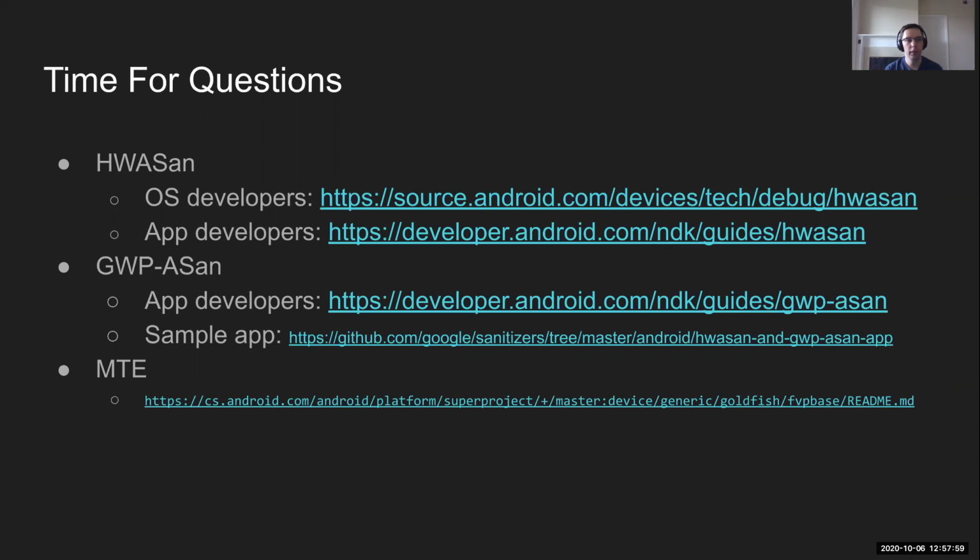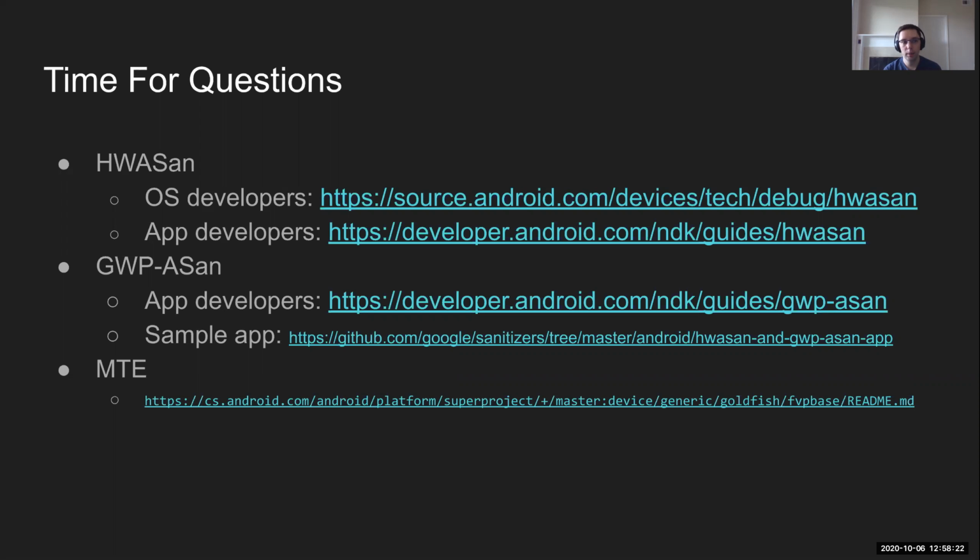Yeah, so there are some links here. For ASan, we have instructions for all OS developers and for application developers on the usual Android documentation sites, source.android.com and developer.android.com. The same goes for GWP-ASan. There is a link to the application that was used in the demonstration in the video.